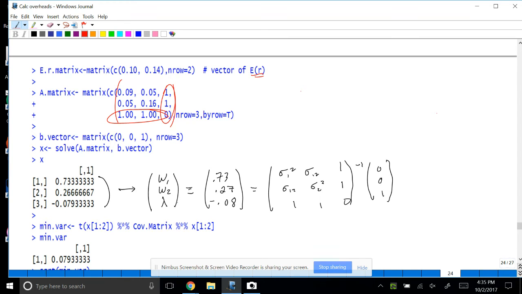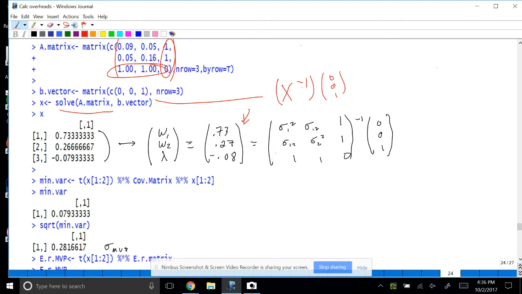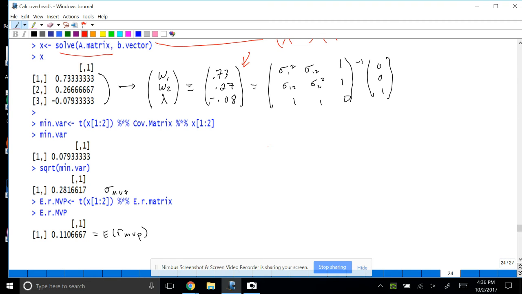And what I did is solve for x inverse times 0, 0, 1 to get these portfolio weights. Okay, so cool, I found the minimum variance portfolio.